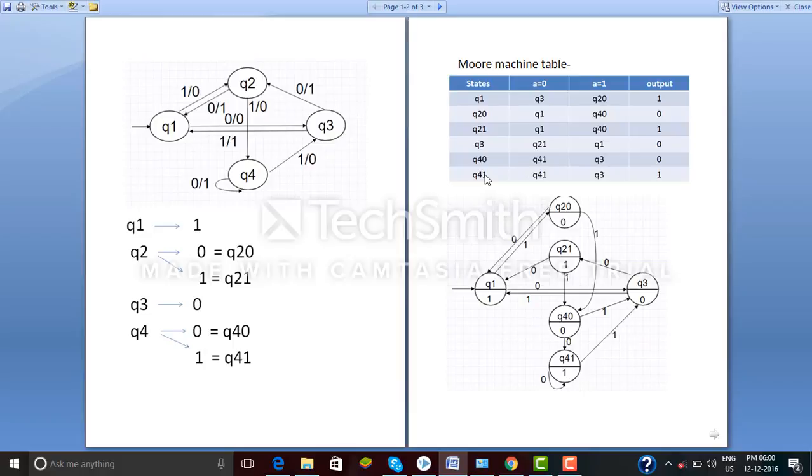If we are on the Q4 1 state, by giving input 0, it goes to Q4 1 only, and by giving input 1, it goes to Q3. So by drawing these lines, we go to Q4 1 by giving input 0, and towards Q3 by giving input 1. So this is how we convert a Mealy machine into a Moore machine.